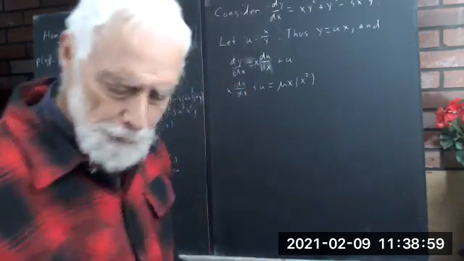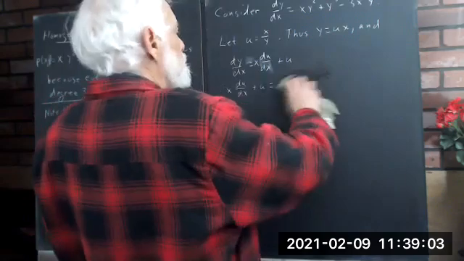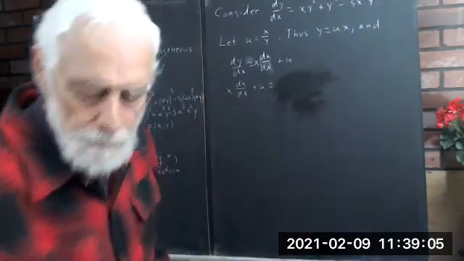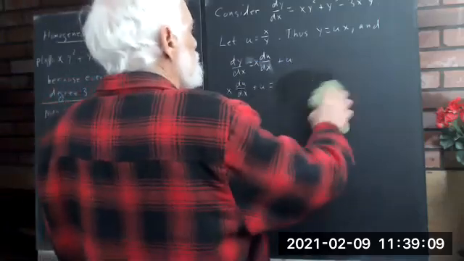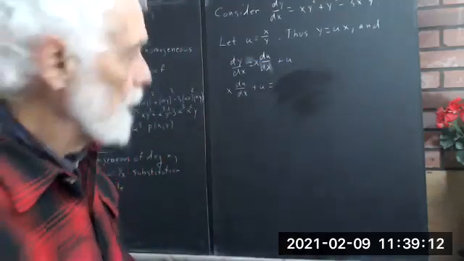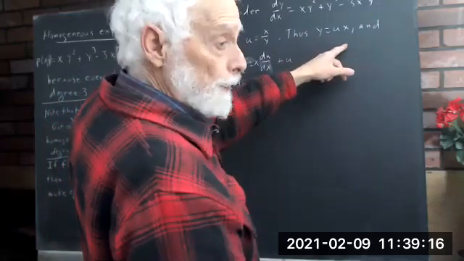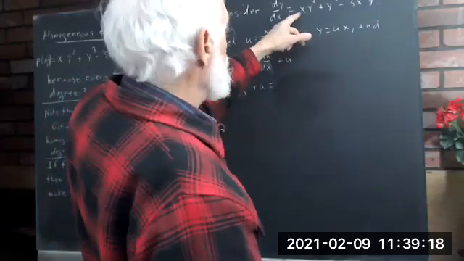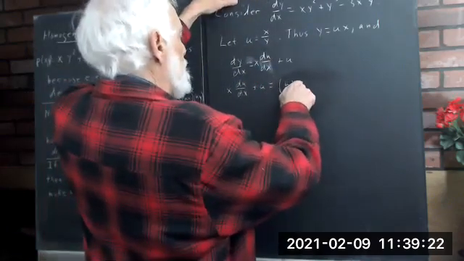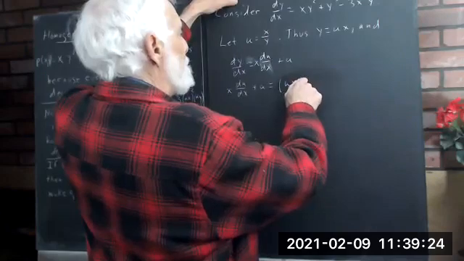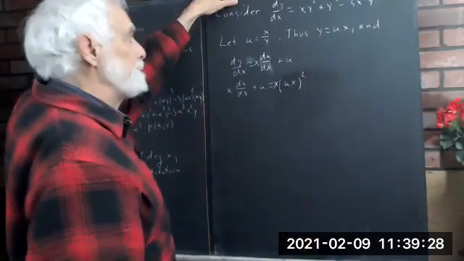And let me write that down carefully. Okay. y is ux. So x y squared is, let's write it out carefully, x times ux squared, okay?